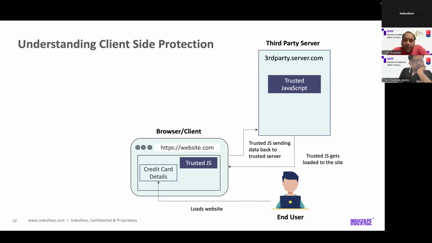We are doing the inline learning of your application and of your trusted behavior. We will show this trusted behavior to you, and you can approve that, yes, this is my trusted behavior, and enable the client-side protection.